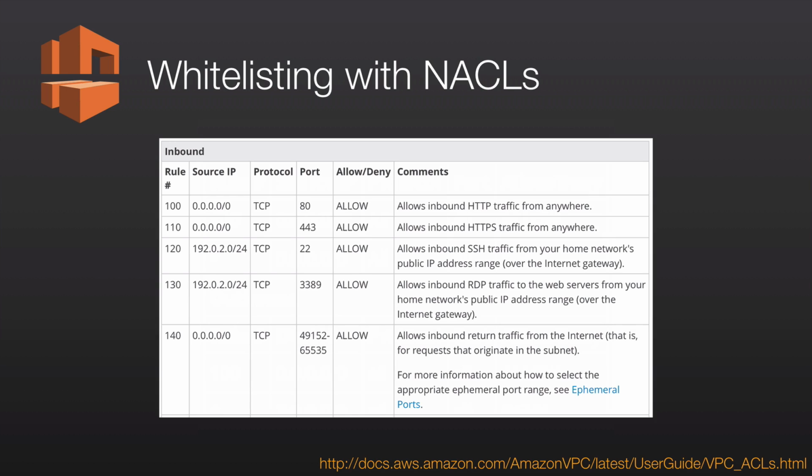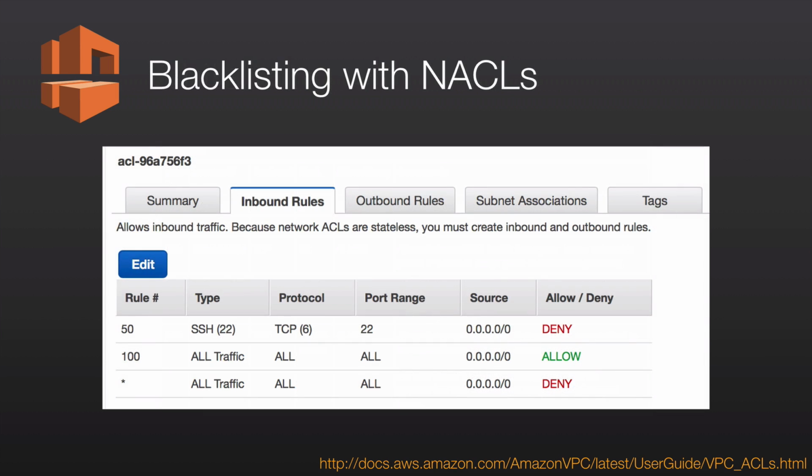We're whitelisting RDP traffic, and we're allowing return traffic from the Internet for requests that originate in the subnet by working with that ephemeral port range that you can see in the fifth row of this table, 49,152 through to 65,535.